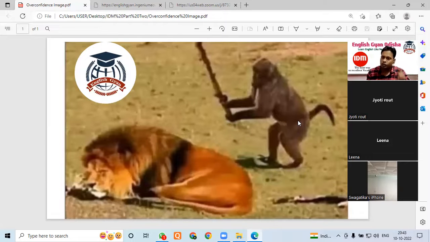But on the other side, he has to understand that the lion is bigger in size and more powerful than him. Without understanding the situation, whenever you outweigh your ability as compared to others, that is called overconfidence. And this is a clear case of overconfidence.